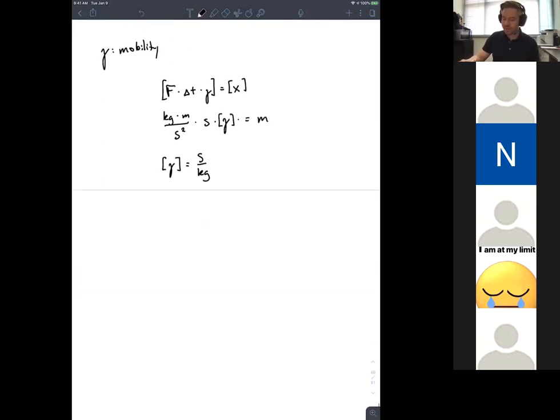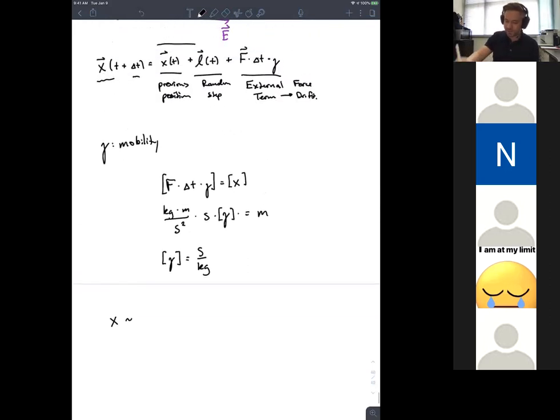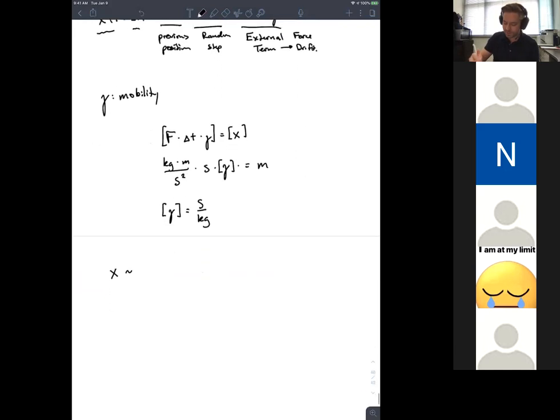Another thing to notice is that position is related to this term, so I just want to ignore the first two terms. I'm going to say that the position is related to force times gamma times time, ignoring the other two terms.